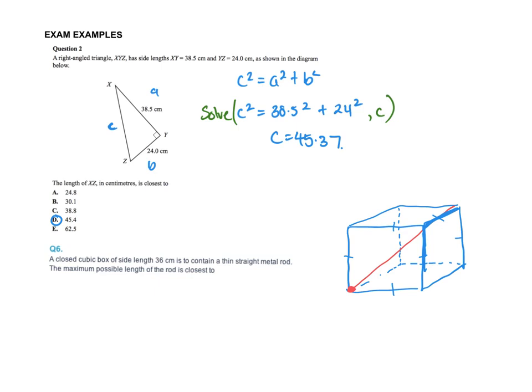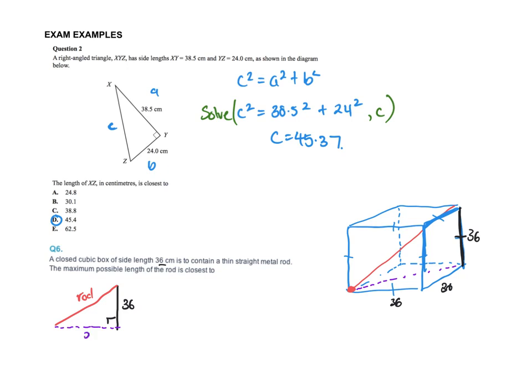If I draw across the bottom of the square floor, and then draw this height of the box, I'll draw it in a triangle form, flat. So this is the rod I want to find. Now this black line, they said they were all 36, so this is 36, 36, and that is also 36. So I know that's 36.